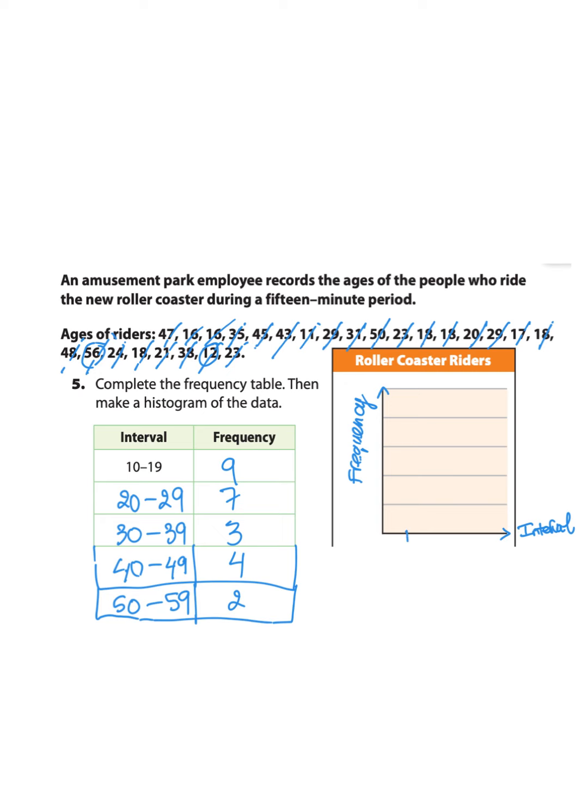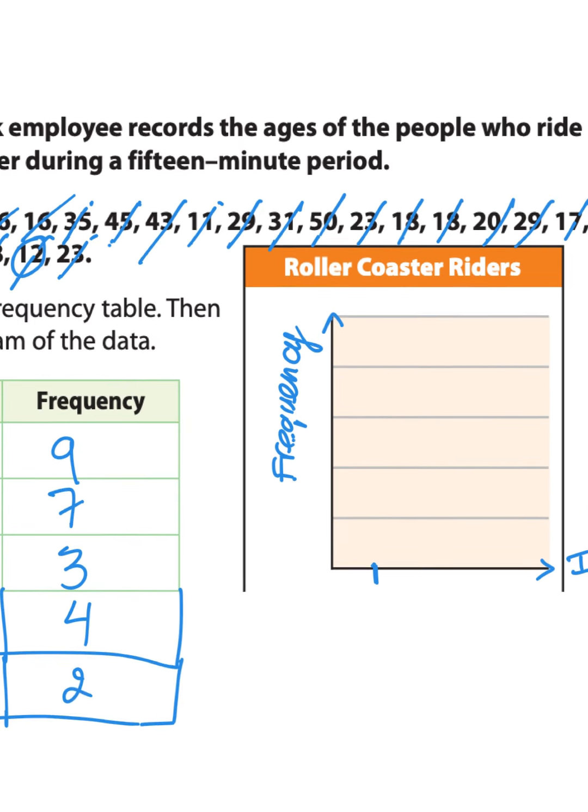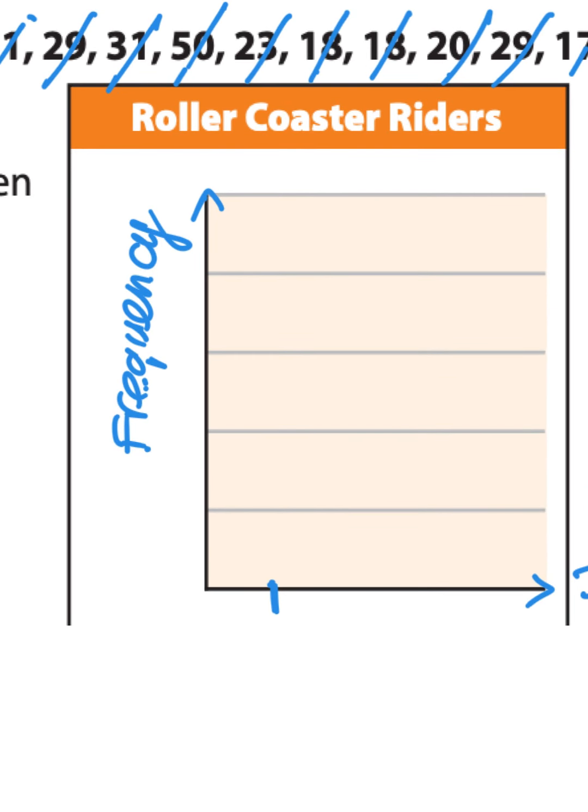This will be 10 to 19, 20 to 29, 30 to 39, 40 to 49, and of course, 50 to 59. All right?